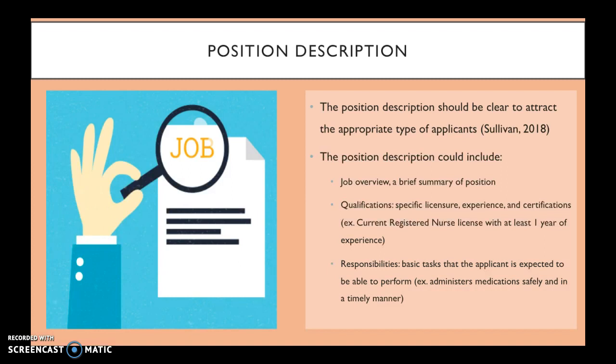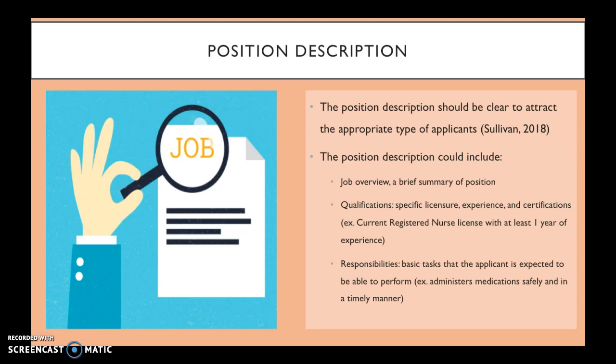So the position description should be clear to attract the appropriate type of applicants. It should also reflect current practice guidelines and should include a job overview, a brief summary of the position.